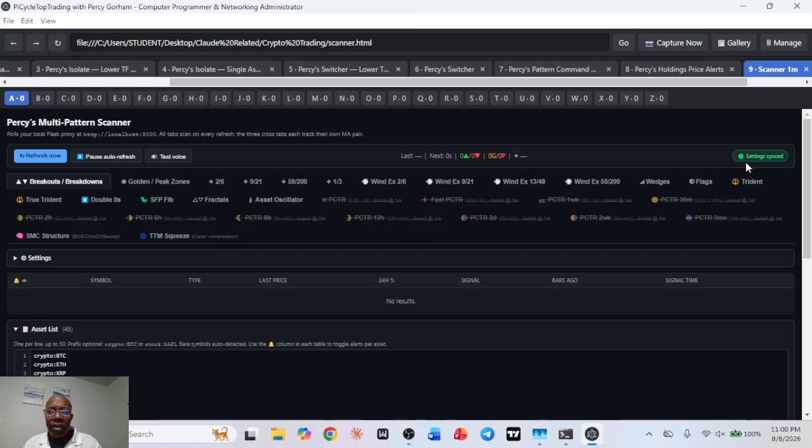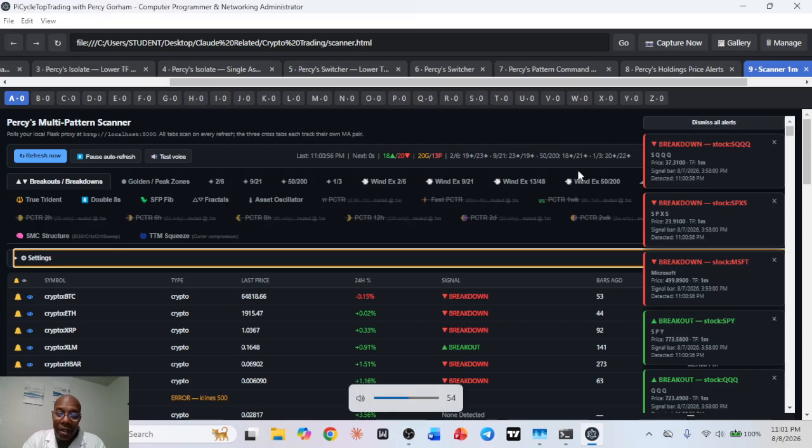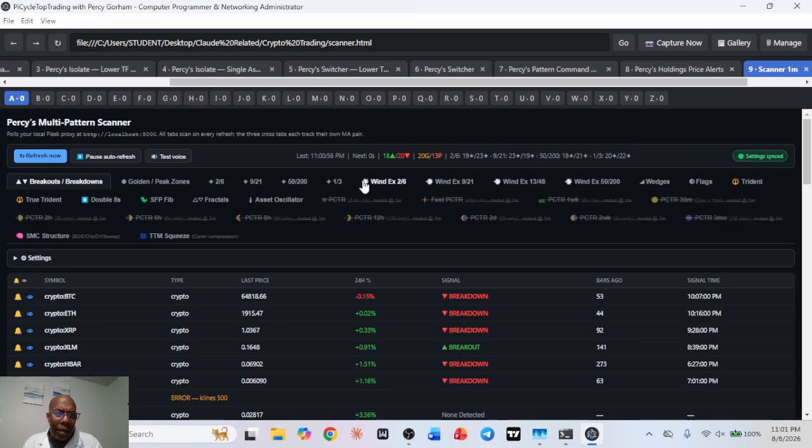That means we're hooked in as far as the settings and the time frame sync to the actual time frame on TradingView around the world, and we're good. All right, what else? Oh, we muted. All right, we muted.